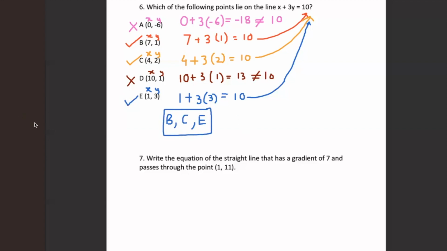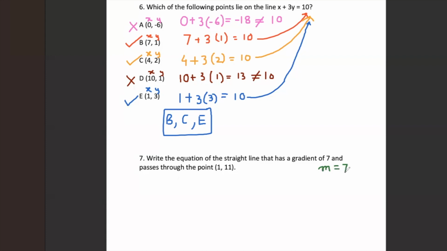Okay, now let's look at the next question, which says, write the equation of the straight line that has a gradient of 7 and passes through the point 1, 11. So here, we have been given the value of m. That's the gradient, m. So m is 7.